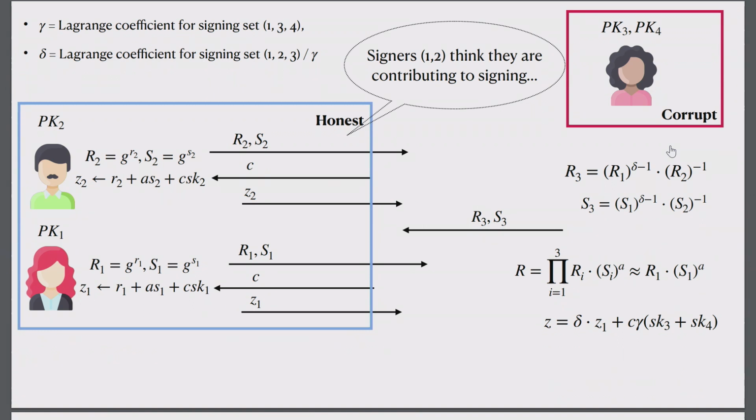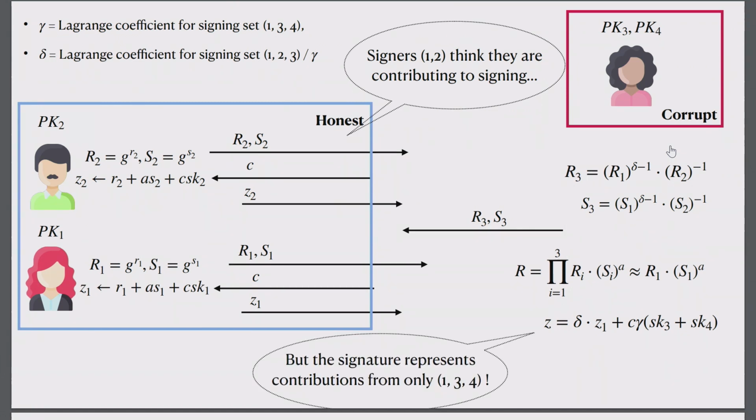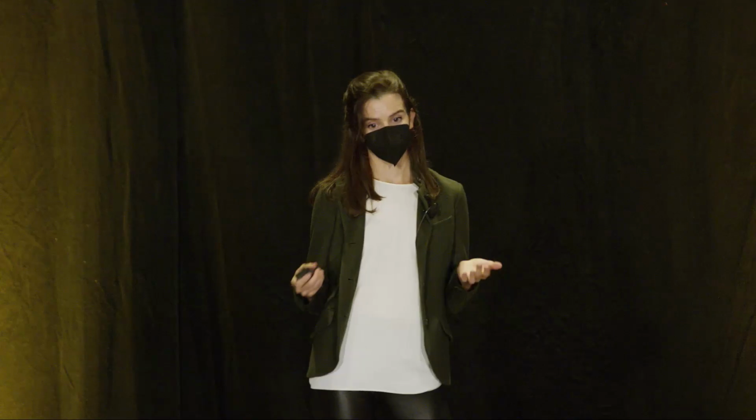So if you're going to take away anything from this slide, I know there's a lot of math and symbols, but the most important point is that players 1 and 2, who are honest, think that they're contributing to signing, but the signature represents contributions from players 1, 3, and 4. So this is what I mean by malleability of signers in Frost 2.